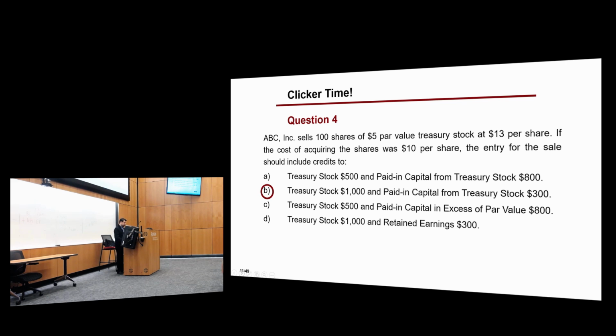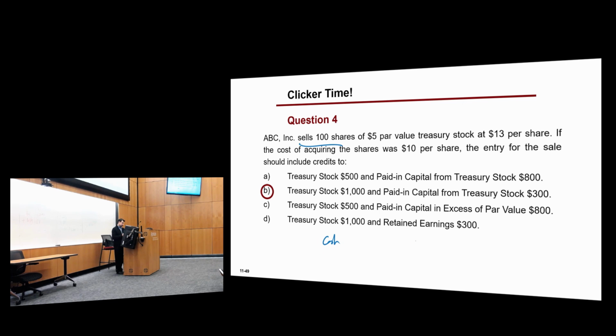The company sells 100 shares of $5 par value treasury stock at $13 per share. If the cost of acquiring the shares was $10 per share, the entry for the sale should include what? Again, you write the journal entry. The company is selling treasury stock. So what do you do? The company is selling 100 shares, so the company will debit cash.